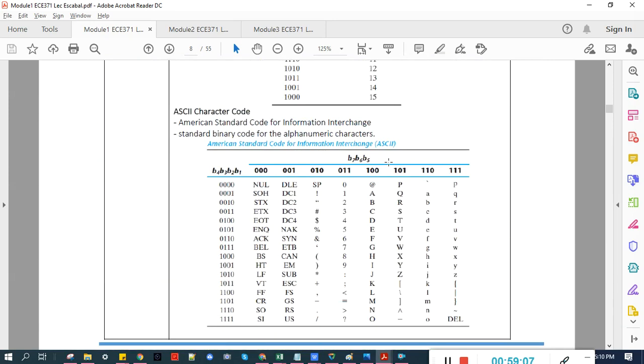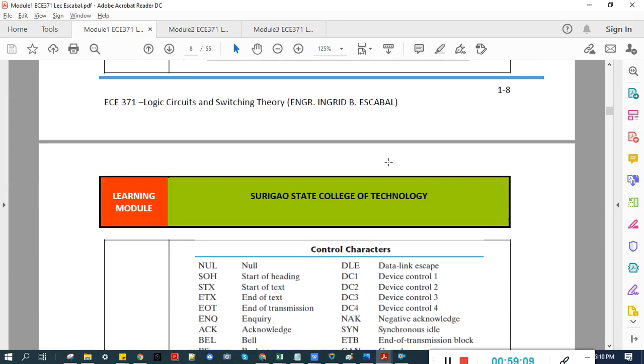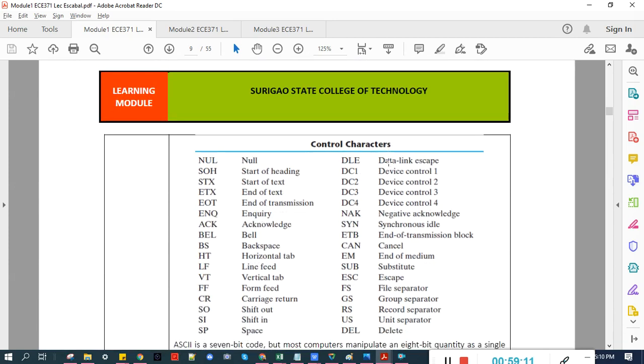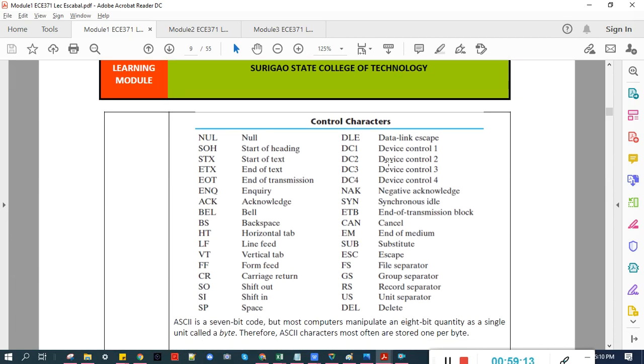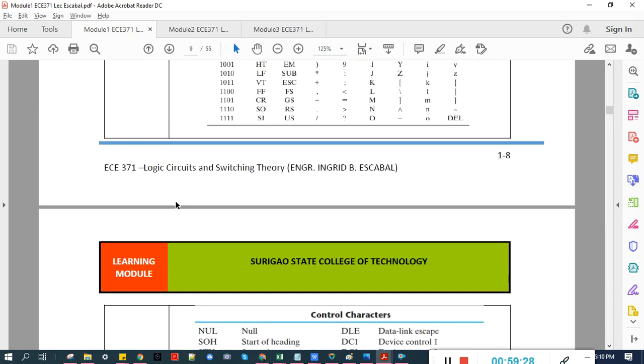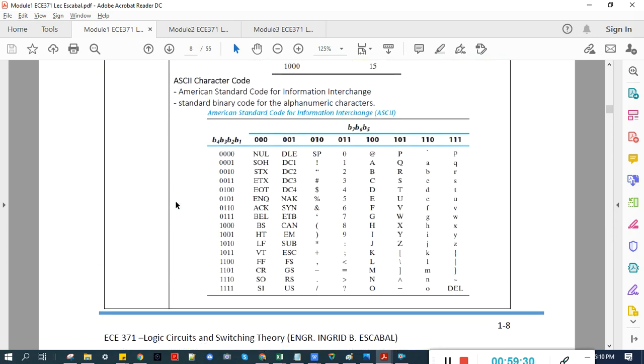So aside from the alphanumeric characters, we also have other control characters used in our keyboards, like for enter, end of transmission or end of text. There's control characters.